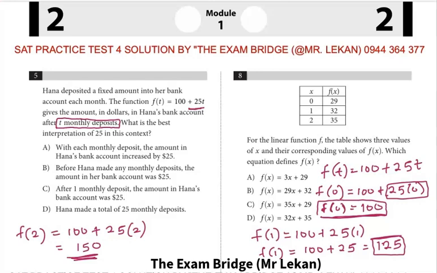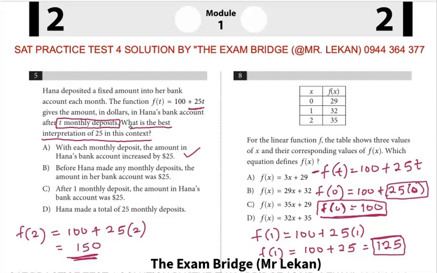Don't forget, the question is, what is the best interpretation of 25 in this context? Option A. With each monthly deposit, the amount in Anna's bank account increased by 25. Of course, yes. Because if you check the first one we have here, when t is 0, the amount there is 100.